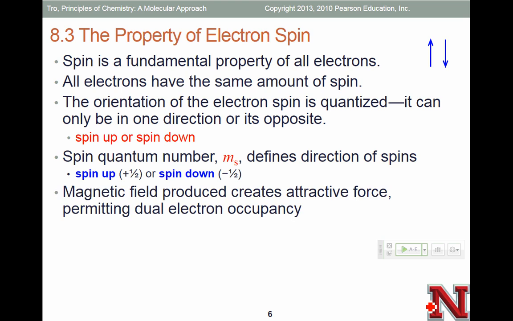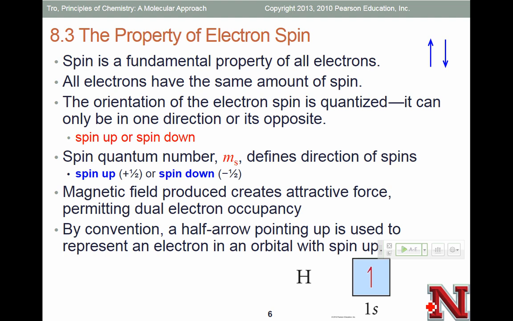So typically, what we see is a magnetic field produces an attractive force with the opposite magnetic field. So this allows two electrons to be in one orbital, because even though they're both negatively charged and can repel each other, because they're spinning in opposite directions, they attract each other and they cancel each other's overall magnetic spin out.